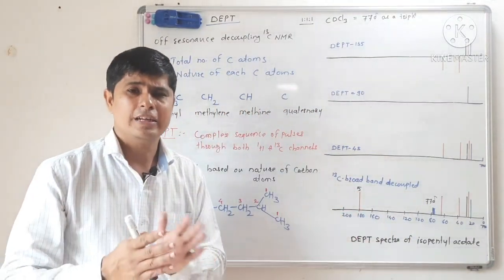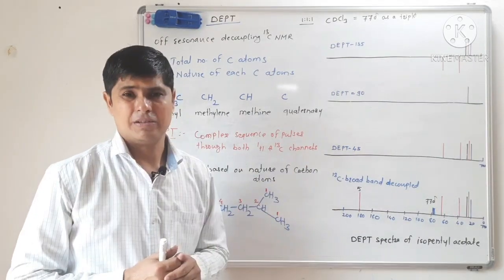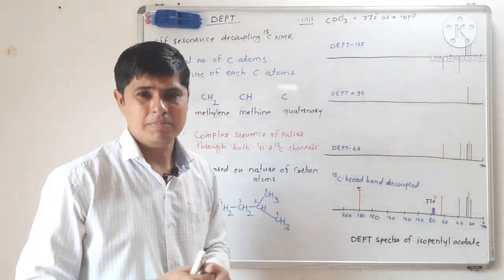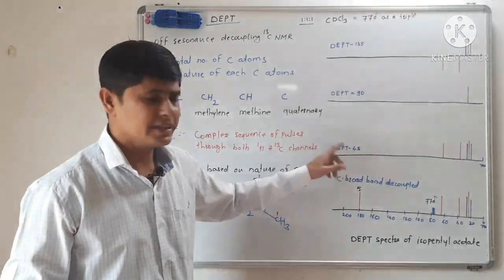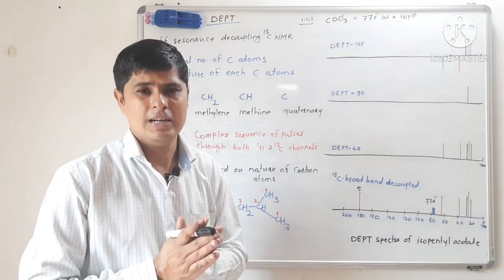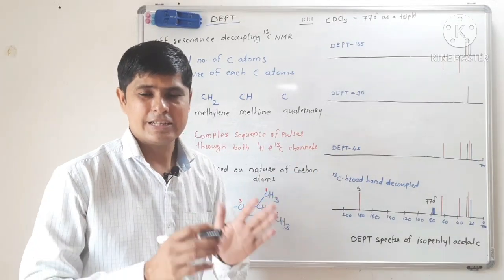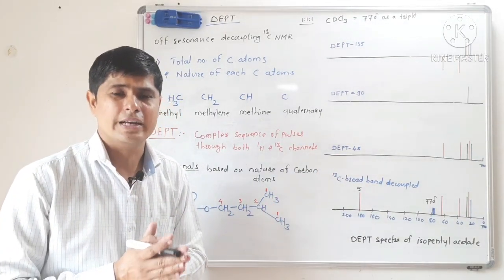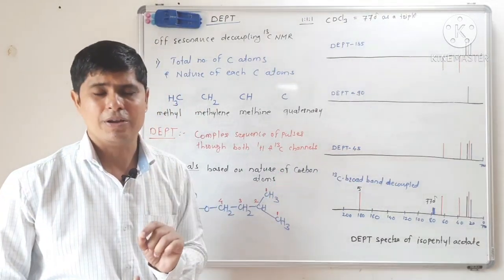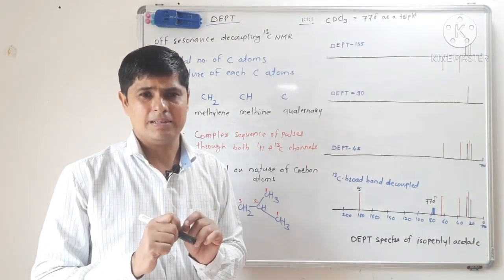So we will take the help of the DEPT experiment. The second last bottom spectrum is derived from a complicated sequence of pulses called DEPT 45.